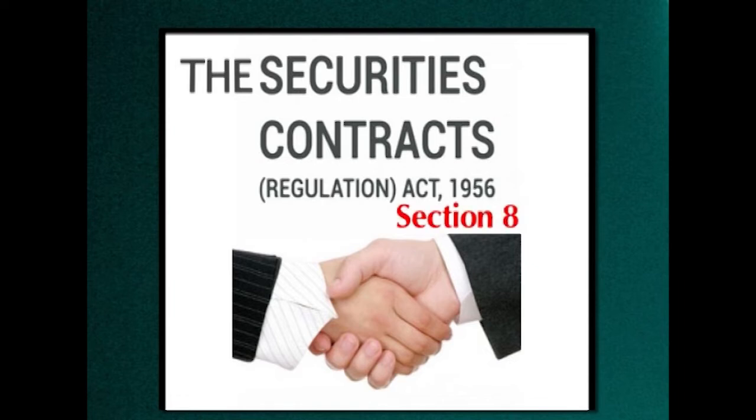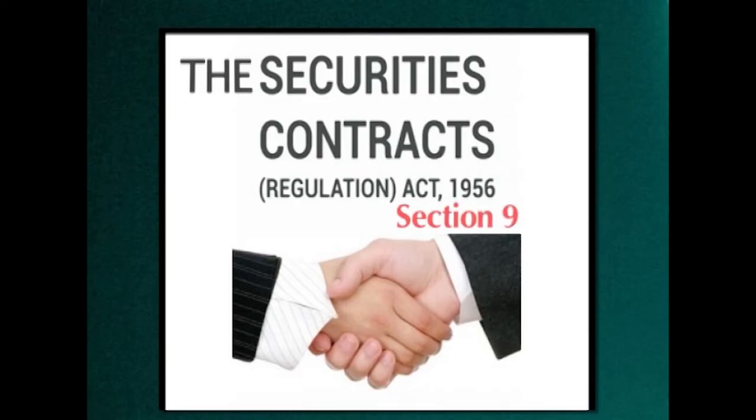Section 8 of the Act empowers the central government to direct the recognized stock exchanges to make any rules or to amend any rules. Section 9 empowers the stock exchanges to make bylaws. Section 10 empowers the SEBI to make or amend bylaws of a recognized stock exchange.